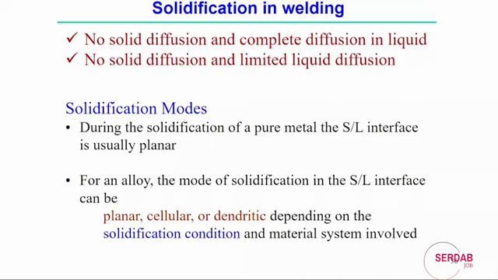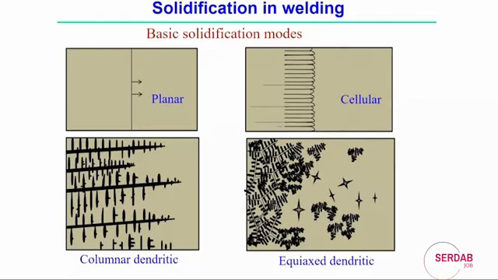But for an alloy system, the solid liquid interface can be planar, cellular or dendritic, depending on the solidification condition and the material system involved. So we will look at the different solidification modes generally observed. The first one is the planar mode, where the solidification front moves as a plane.